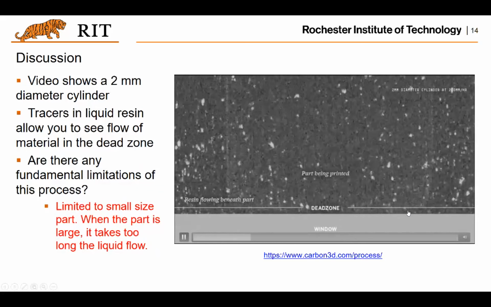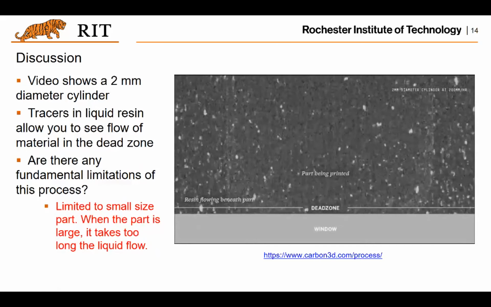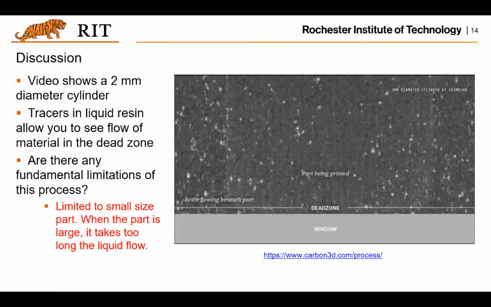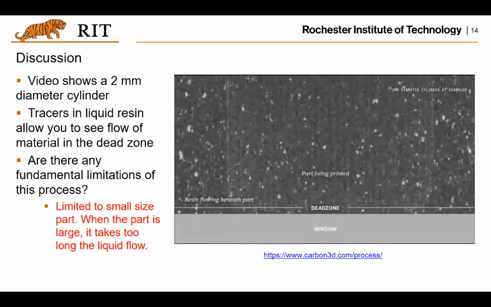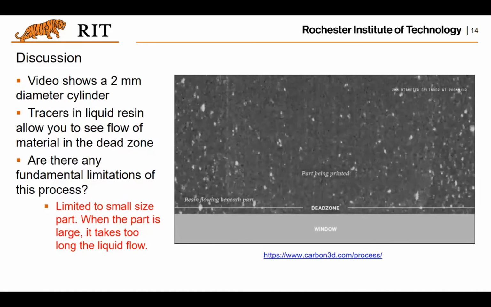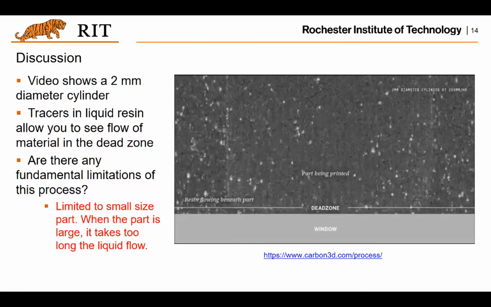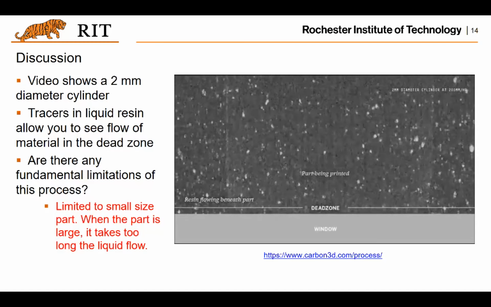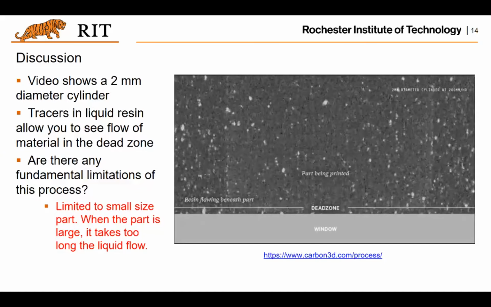If the area is very large, it will take much longer. That's the fundamental limitation of the process. So that's why in their videos and advertisements, they only show parts with a small region of contact, small cross sections, because for the large ones, they still have problems.